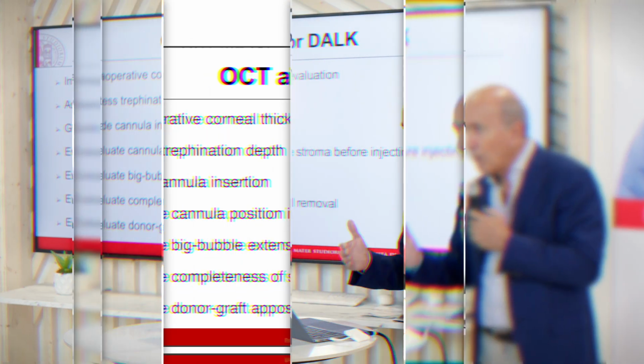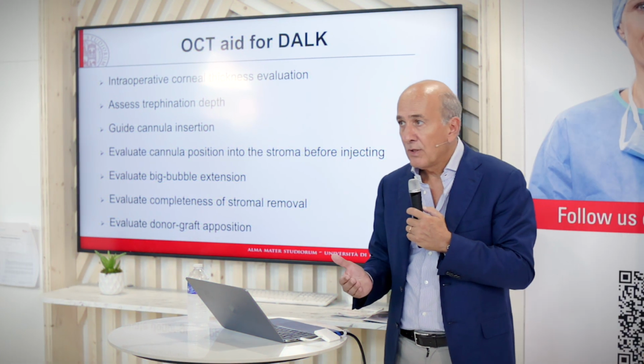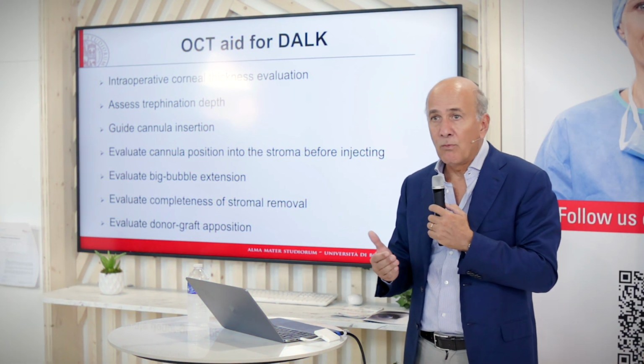So what does the OCT provide in terms of aid for a DALK? First of all, it allows you intraoperatively to assess the corneal thickness in order to establish how deep your trephination should be.